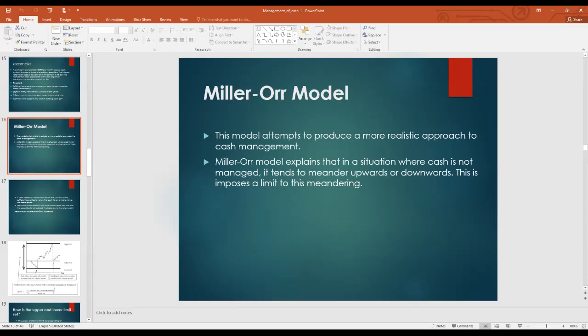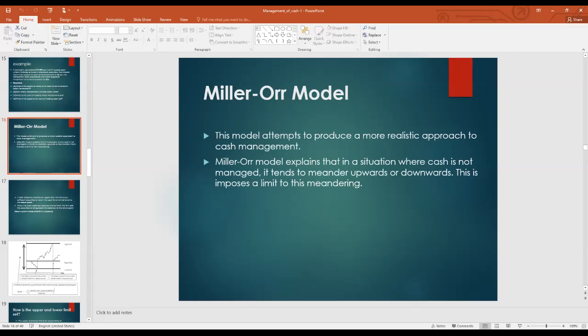One key drawback was that we assume constant consumption of cash. If the company is in need of cash, we assume that every day, week or month, the cash consumption is the same throughout the year, which in reality might not be the case. There are times when the company's need for cash is going to be greater than other times.